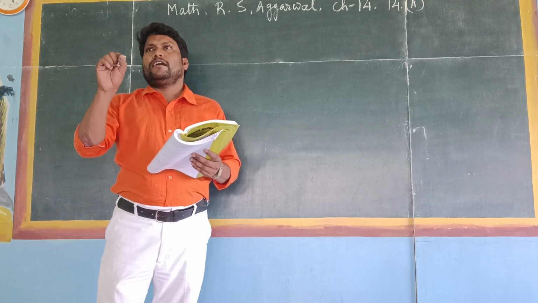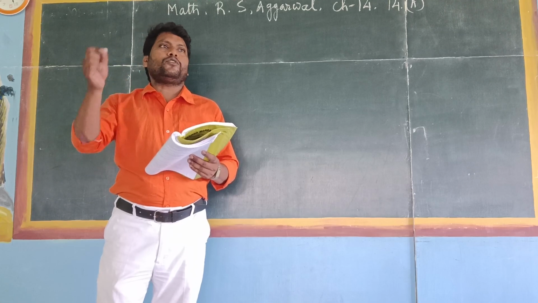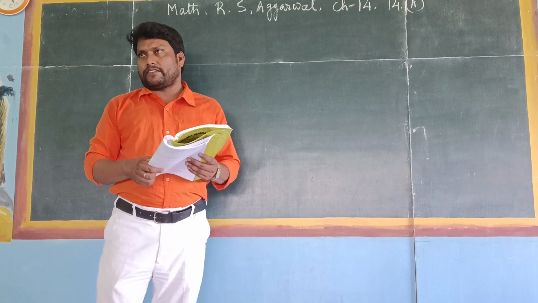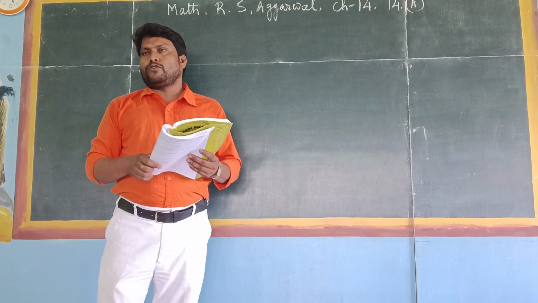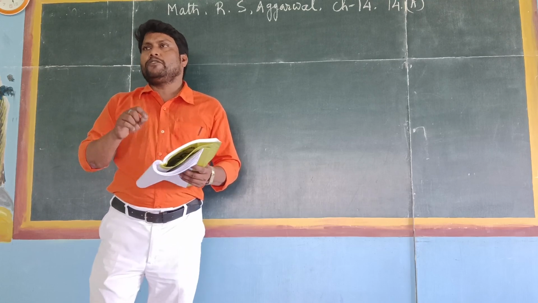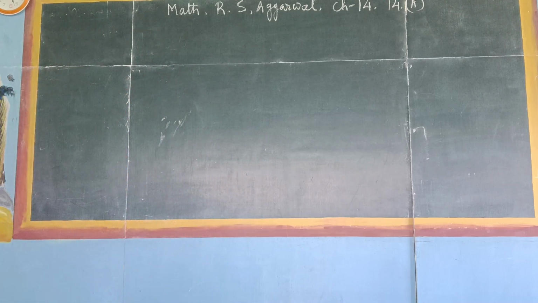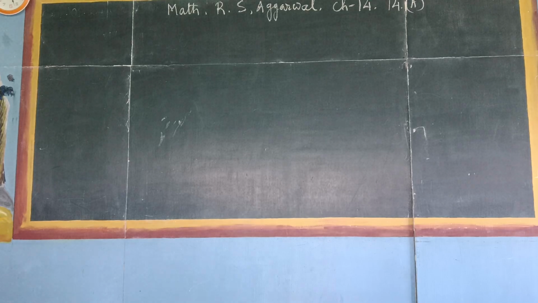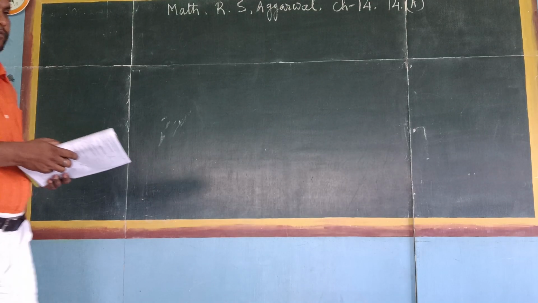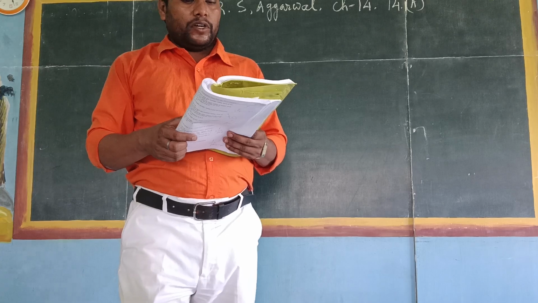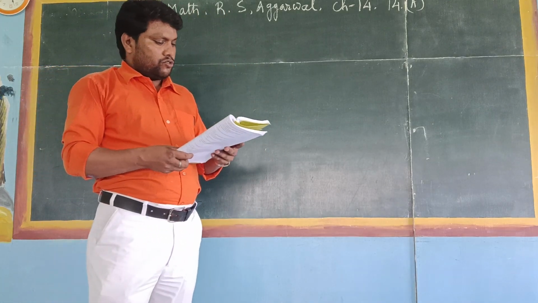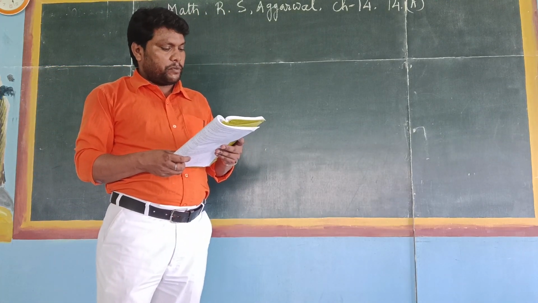Construct an angle without a protractor, that means with a pencil compass. So these kinds of problems are included in this chapter. So we will solve so many important problems from here.